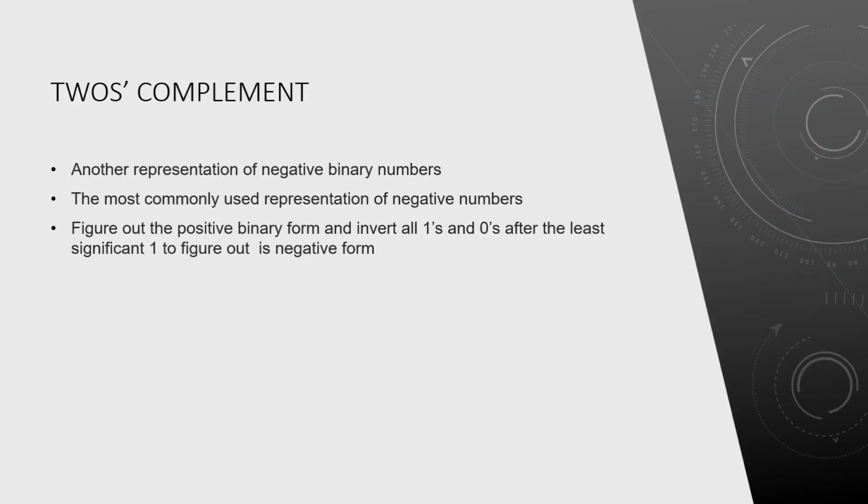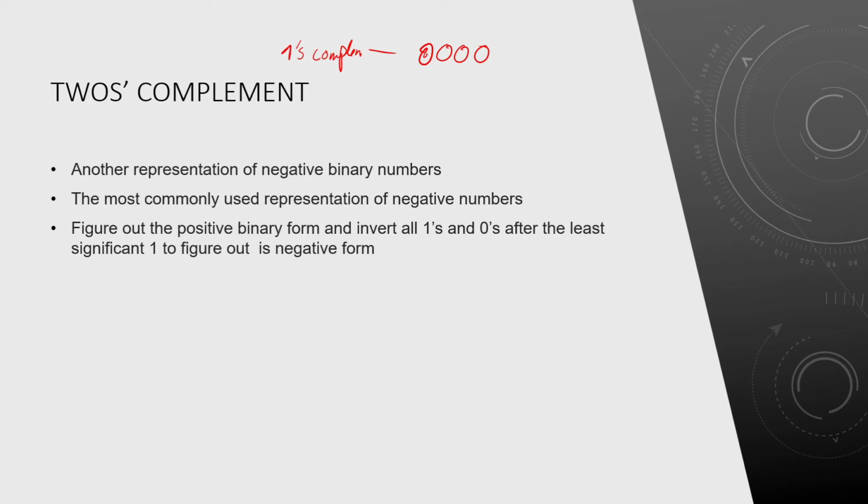So two's complement, it's another representation of negative binary numbers. It's the most commonly used representation of negative numbers. One reason is that there are not two different values of 0. For example, in the ones complement, there are two values of 0.